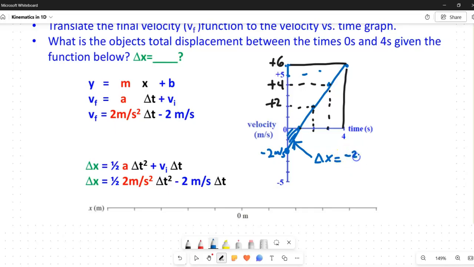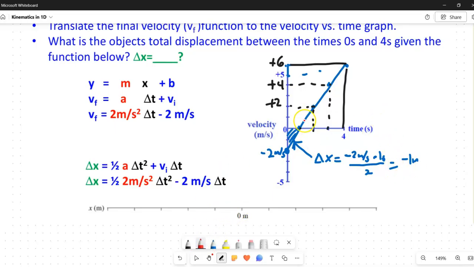So this is going to be negative 2 meters per second times 1 second divided by 2. So that is going to give you, what is that, negative 2 times positive 1, so divided by 2, so that's going to be negative 1 meter displacement.